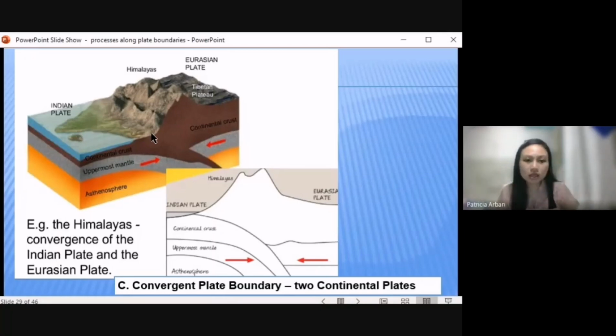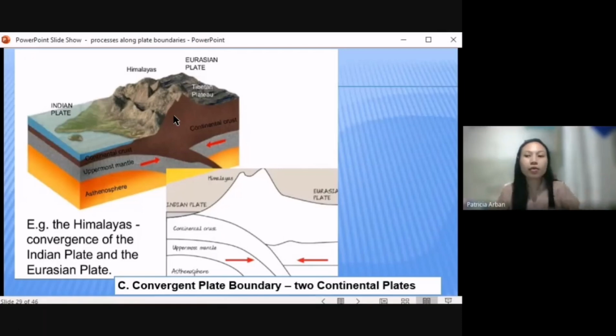Okay, as you can see here, hindi siya maituturing na subduction here. Bakit? Kasi wala tayong na-produce na subduction zone. Ayan o. Kasi kung mapapansin nyo, yan ay mountain na yung nasa taas. Okay? Remember that when two continental plates collide, it will move or press each other upward.